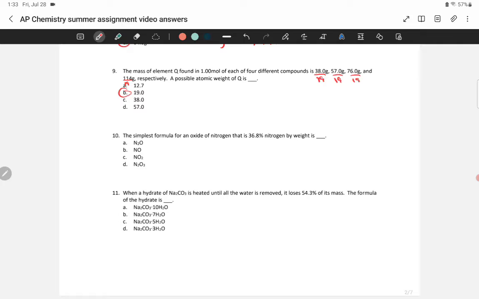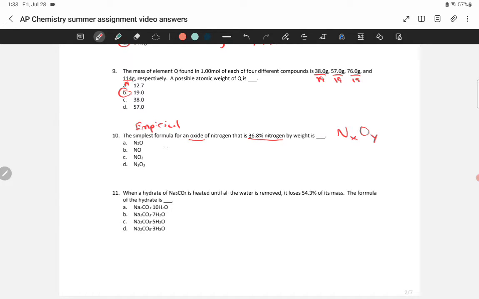Number 10, we have a percentile, and we're trying to get the simplest formula, which is called the empirical. So that's the simplest whole number ratio between nitrogen and oxygen, since it said an oxide. So it has to have N and it has to have O, and I put X and Y there because we don't know what those numbers are.